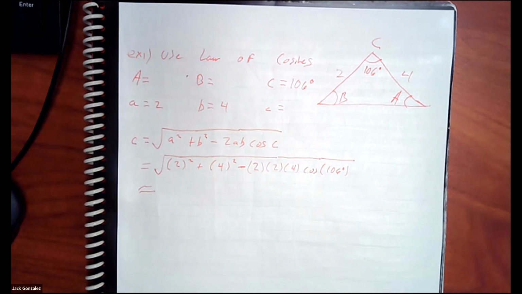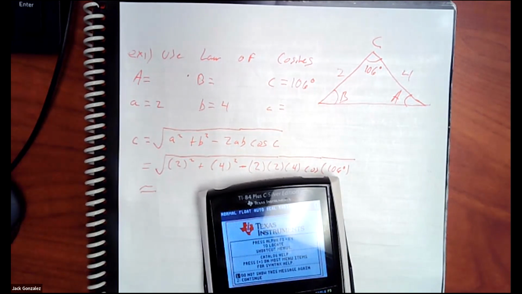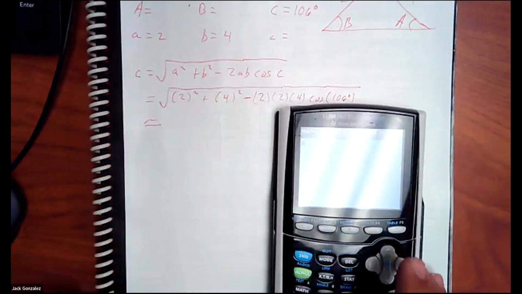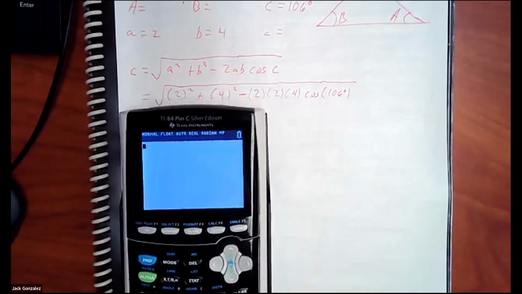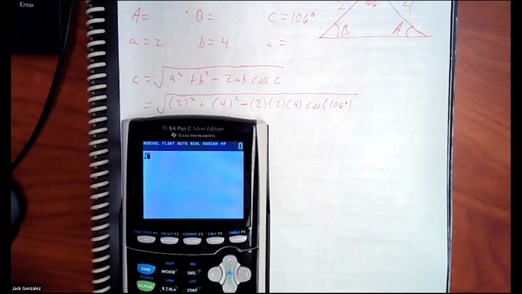So I would just punch this into your calculator. Let me go grab one. 2 squared plus 4 squared minus 2 times 2 times 4 cosine 106.